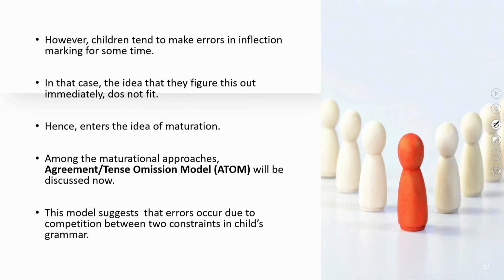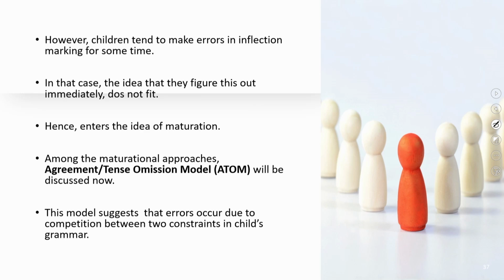It is not that they get it immediately. For the innateness hypothesis, the idea is that children are born with the underlying grammar, so they should not be making mistakes. Because there are errors, the idea that they figure out the whole thing immediately does not really work.